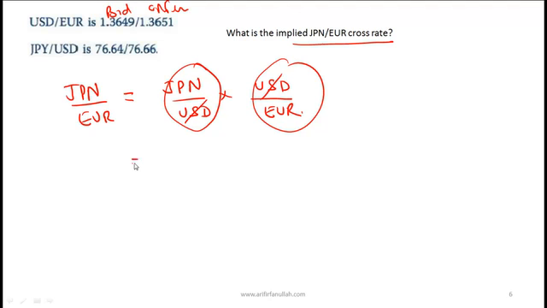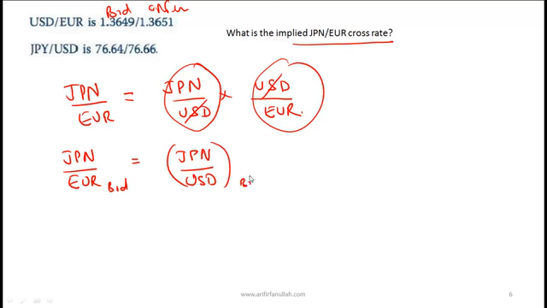The way you can remember this is the Japanese yen to euro bid is equal to the Japanese yen to USD bid multiplied by the USD to euro bid.